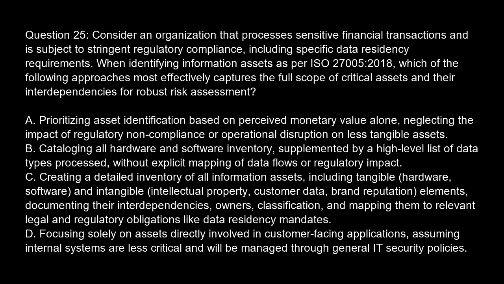Option B. Cataloging all hardware and software inventory, supplemented by a high-level list of data types processed, without explicit mapping of data flows or regulatory impact. Option C. Creating a detailed inventory of all information assets, including tangible hardware, software, and intangible intellectual property, customer data, brand reputation elements, documenting their interdependencies, owners, classification, and mapping them to relevant legal and regulatory obligations like data residency mandates.